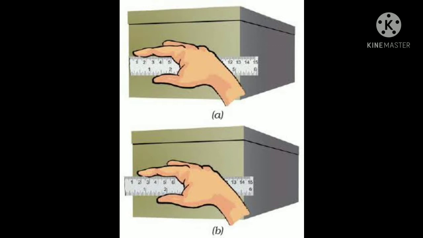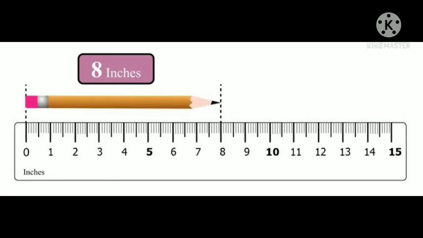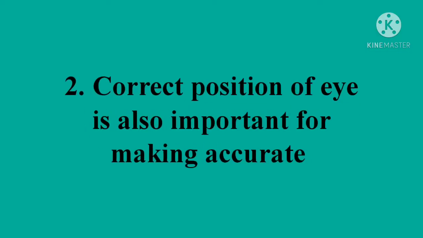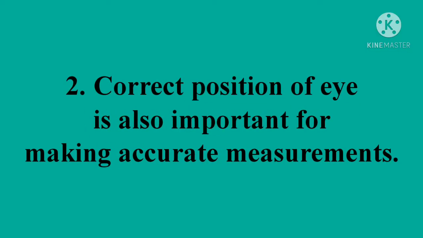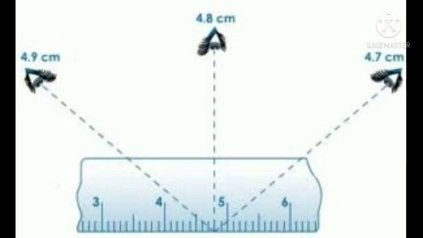The second point is about the pencil given to you. The correct position of the eye is also important for making an accurate measurement. Now see the diagram. Here we can't keep our eye to the left side or the right side. We have to look from directly above to see the measurement.